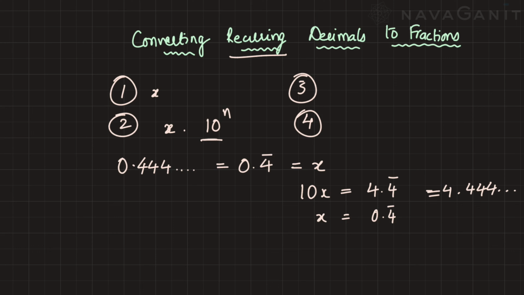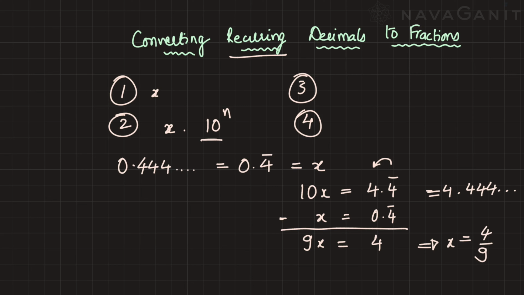Because if I multiply it with 10, I'm able to move the repeating part after the decimal point. Okay, so whatever block is there here, I should be able to move it after the decimal point. Now I need to subtract one from the other. So when I subtract, 10x minus x is 9x, and 4.4 bar minus 0.4 bar would be 4. So this would mean that x in this case is 4 upon 9.